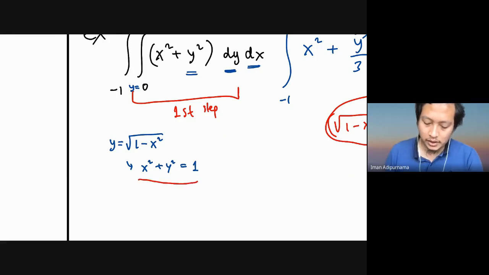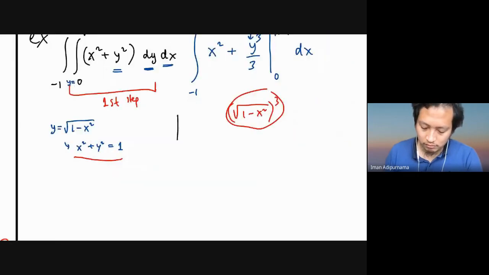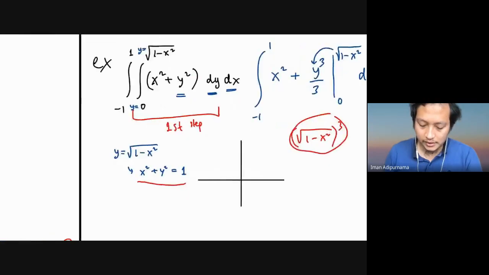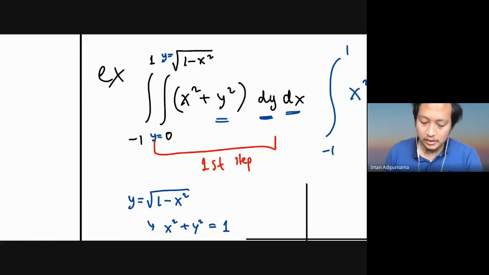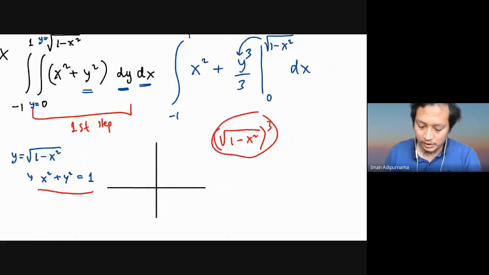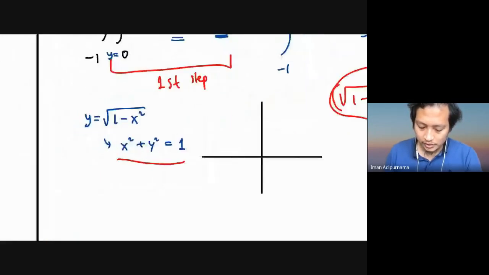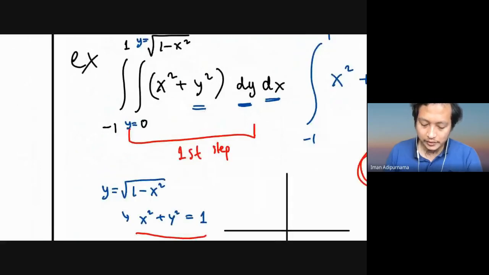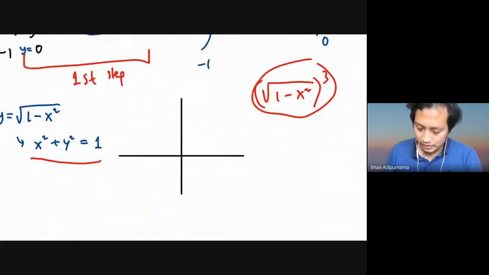So basically, we can check the shape of, at least, the boundary of all the integrations. So we can check the xy plane. It starts from -1 to 1 for x. Let's say this is x, this is y, and this is -1 and this is 1.